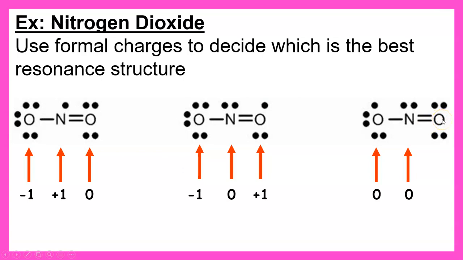This oxygen's double bonded, 2 lone pairs, should be 6. 6 minus 2 minus 2 minus 2 gets me 0. Which of those structures has the lowest formal charges? The one on the right. That is the preferred resonance structure.